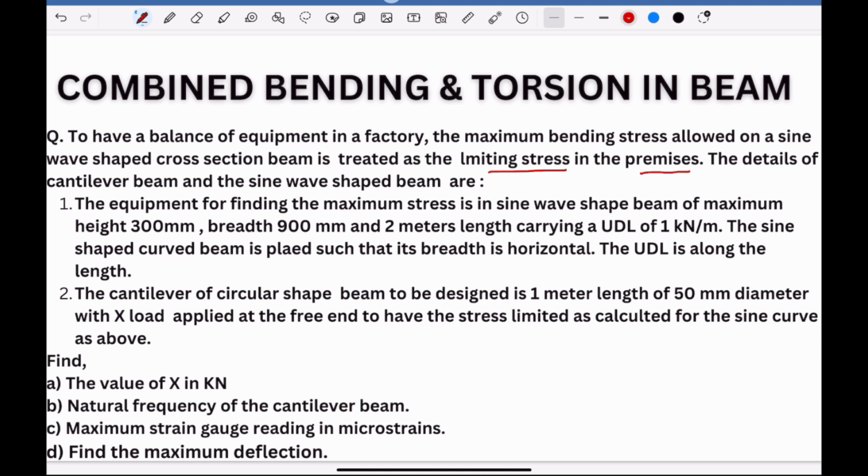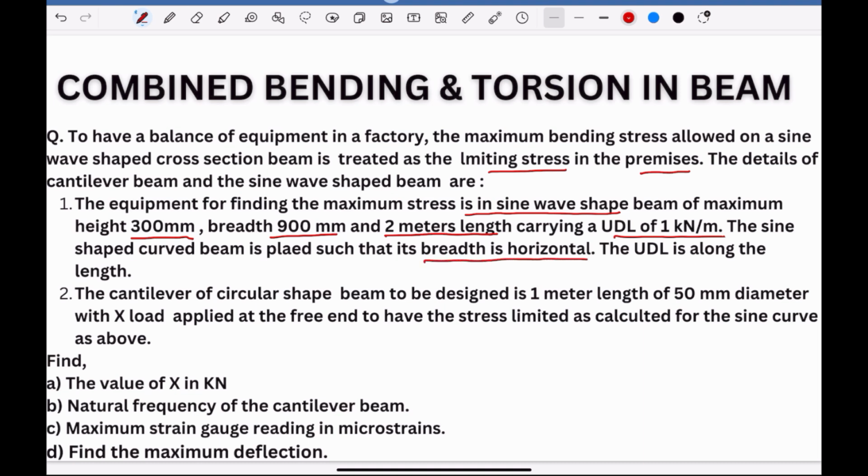The sine wave shaped beam has a maximum height of 300 mm, breadth 900 mm and 2 meters length, carrying a UDL of 1 kN per meter. The sine shaped curve beam is placed such that its breadth is horizontal.